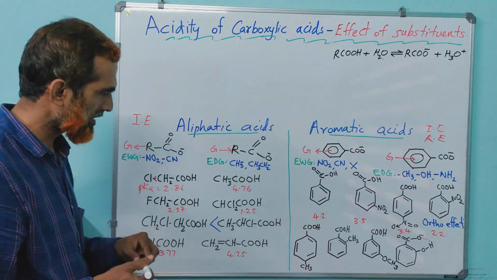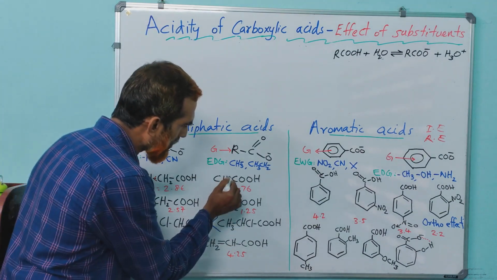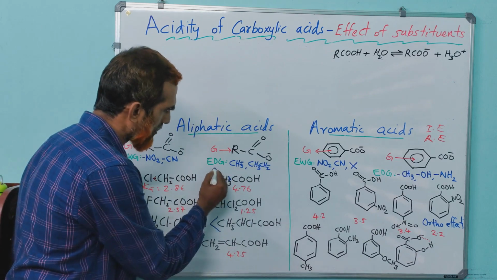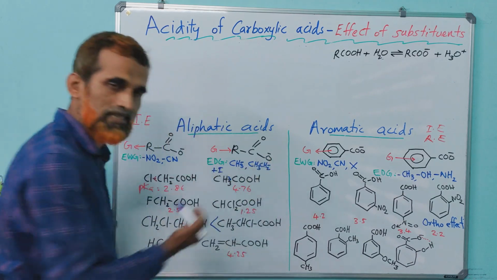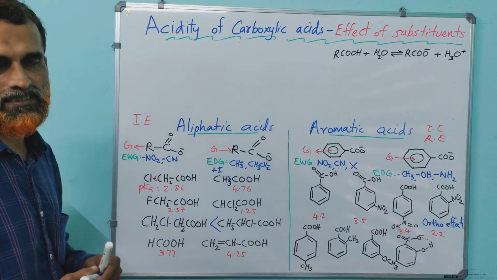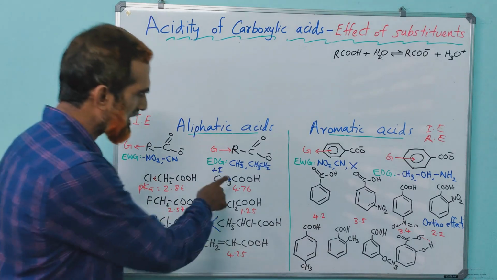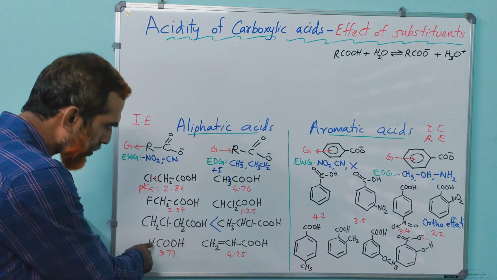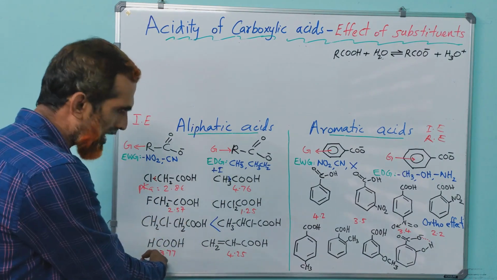Plus I effect. Plus I effect will donate electron, cause electron release, so it will destabilize and reduce acidity. That electron donation is not here, so naturally this is more acidic.